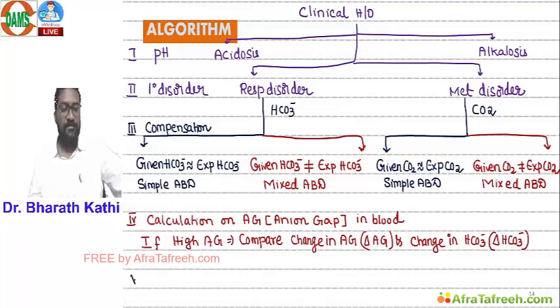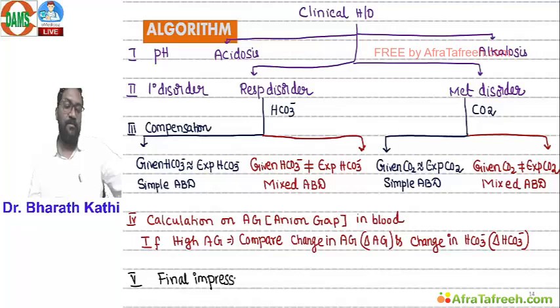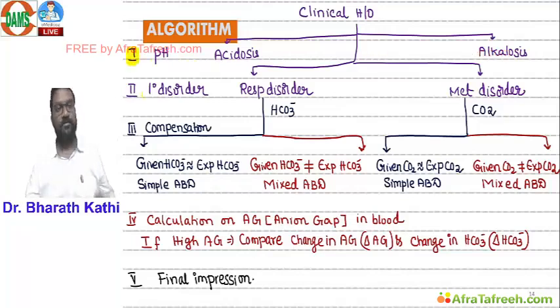And the last step, putting all these parameters and clinical history together and giving your final impression. This is the simplest ABG algorithm. Just 5 steps. See the pH, acidosis or alkalosis.